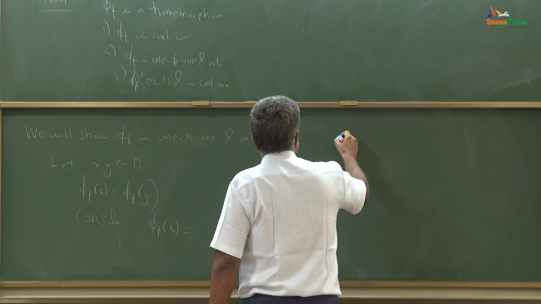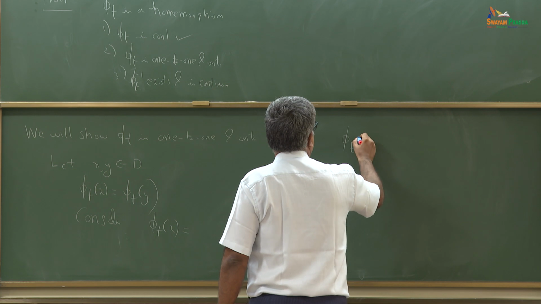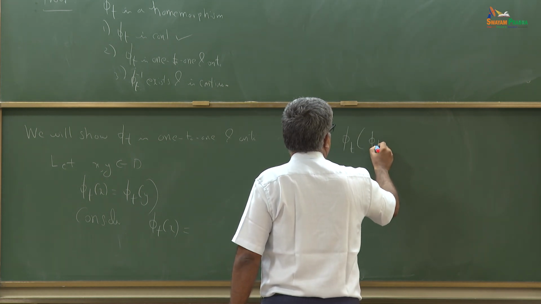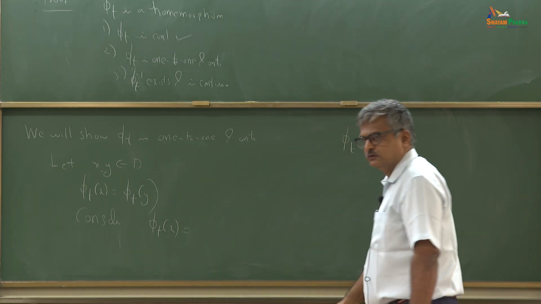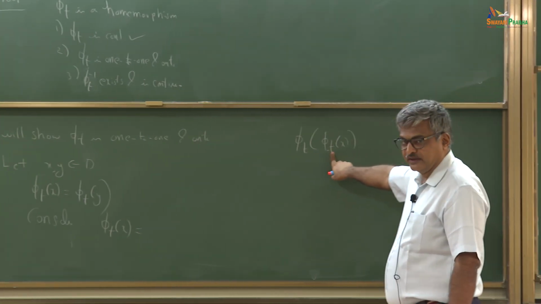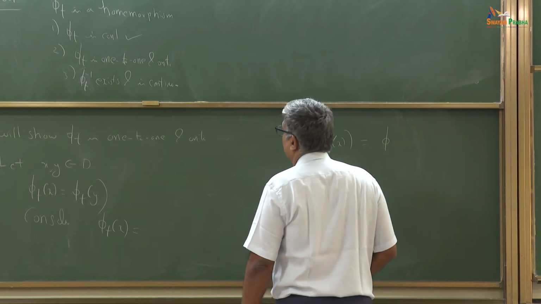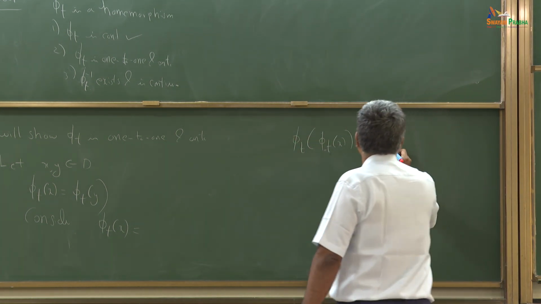Consider phi t acting on, where I replace t by minus t. What is this? By the group property of the flow, it just adds up.